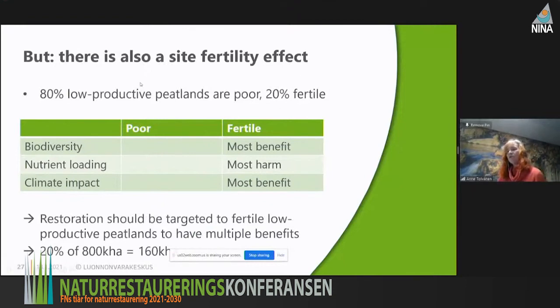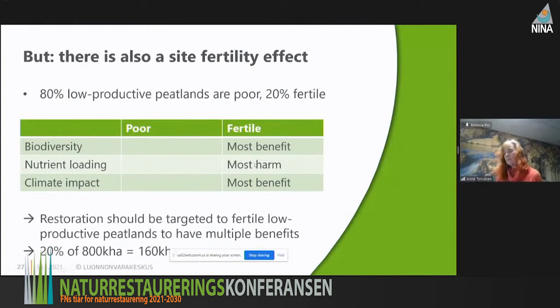About 80% of our low productive peatlands are poor in nutrients, and 20% are fertile. But from these fertile peatlands, we perhaps get the most benefits because the biodiversity benefit is greatest in these fertile peatlands. If we restore them, we get the biodiversity even better.